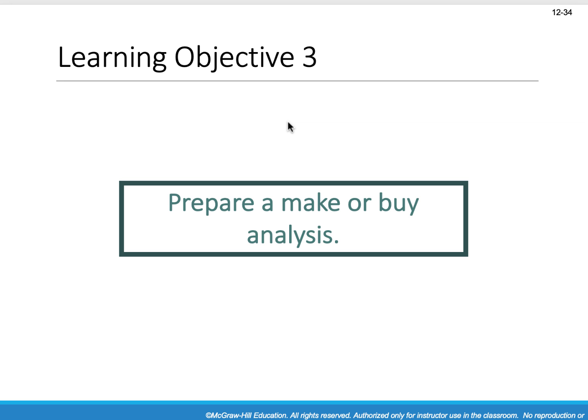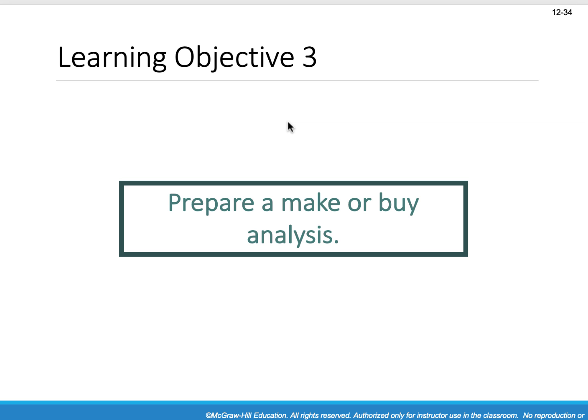So we have to be able to pick out differential revenue, differential costs, incremental costs, avoidable costs, and basically just recognize that any revenue or cost that differs between two situations or two scenarios is relevant, and we need to assign a monetary value to those differences and see if we should continue to make something or continue to buy something.